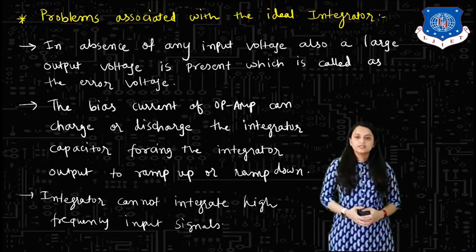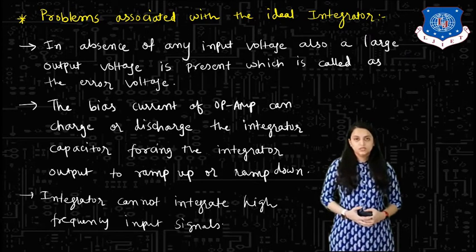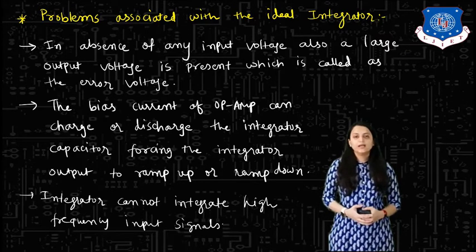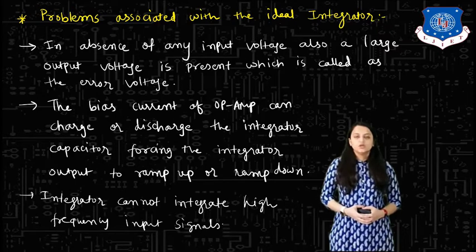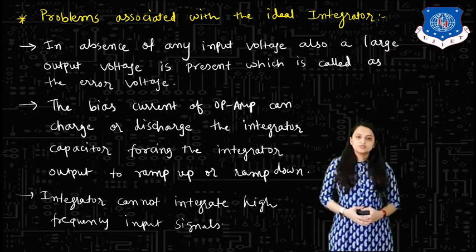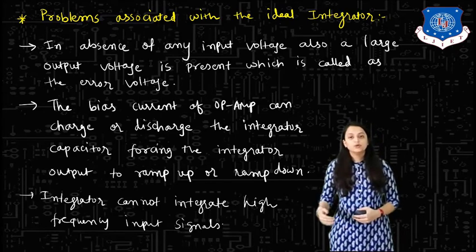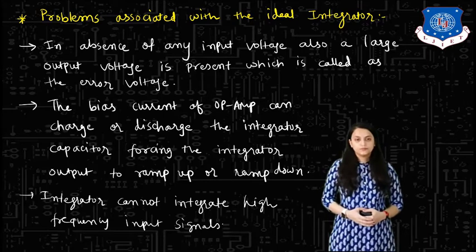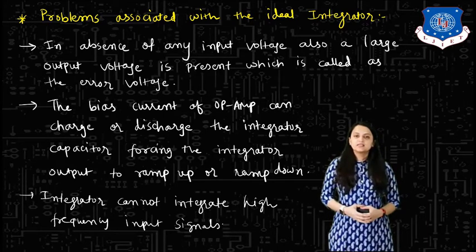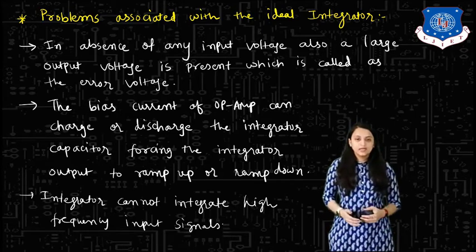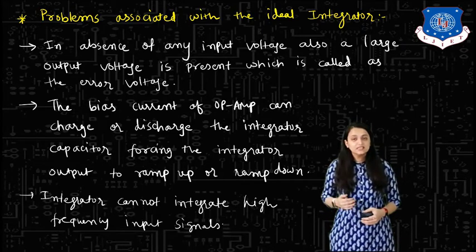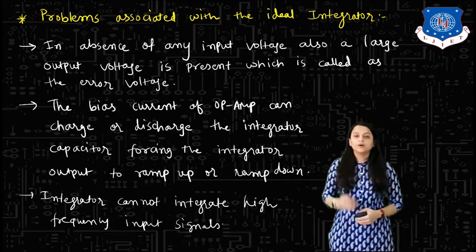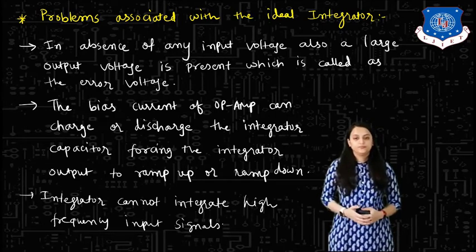Now, let us see what are the problems associated with the ideal integrator. In the absence of any input voltage, a large output voltage is present, which is called the error voltage. The bias current of the op-amp can charge or discharge the integrator capacitor, forcing the integrator output to ramp up or ramp down.